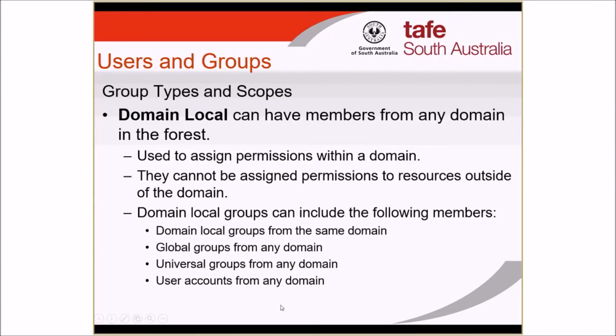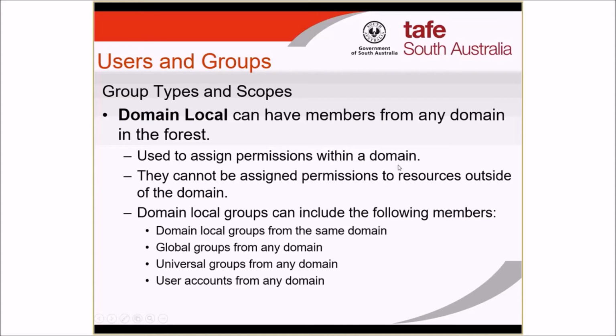There's different groups, as I showed you before. There's different types of groups. There's what's called a domain local group. Okay, so a domain local group can have members, users or other groups from any domain in the whole forest. But when we actually assign permissions to this domain local group, we can only assign permissions to resources which are in the domain that this domain local group comes from.